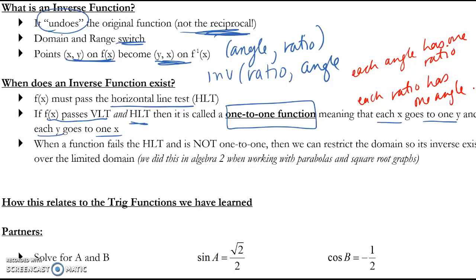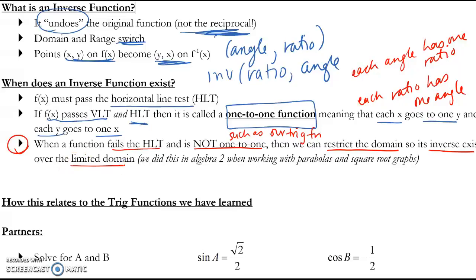And right now, there should be some red flags going off in your mind, because we know that as we travel around the unit circle, those ratios that we get are associated with more than one angle. And that's where we get to our last point here. If a function fails the horizontal line test and is not one-to-one, such as our trig functions, then we can restrict the domain so the inverse exists over a limited domain.